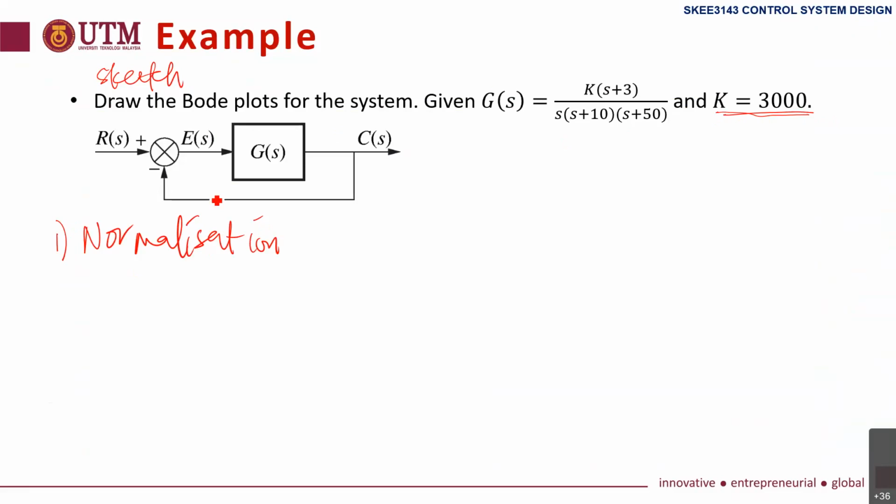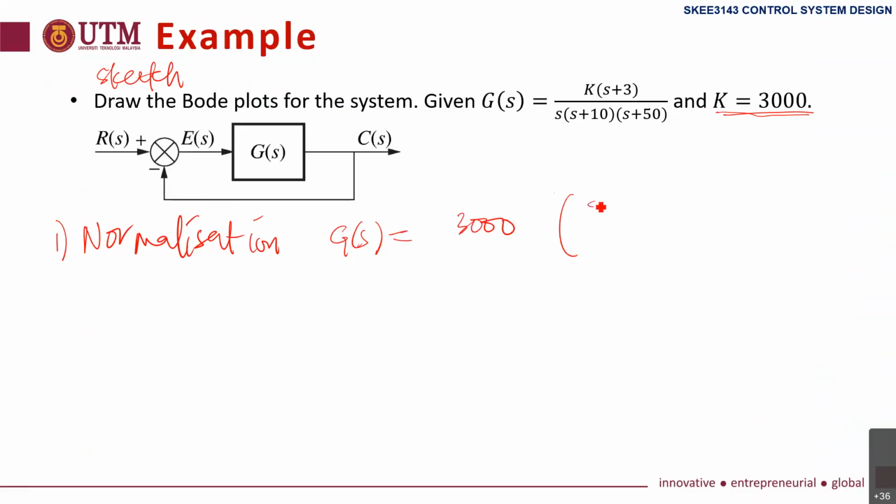Okay, now normalize the transfer function. How to normalize? We have K is 3000.